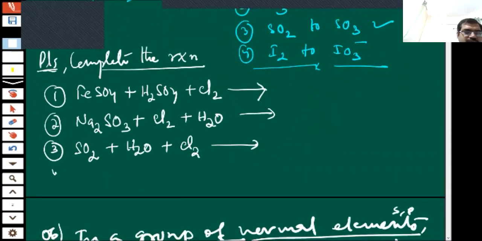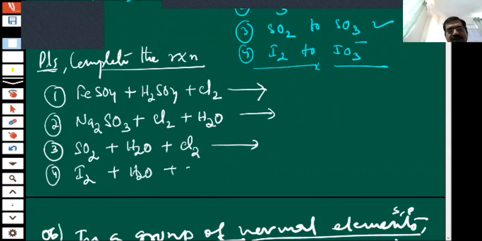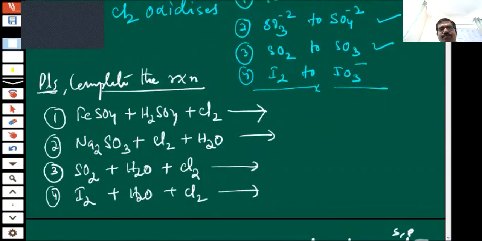And the fourth one is iodine plus water plus Cl2. Come on.